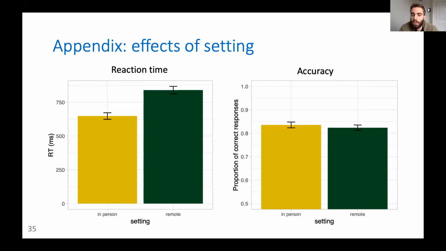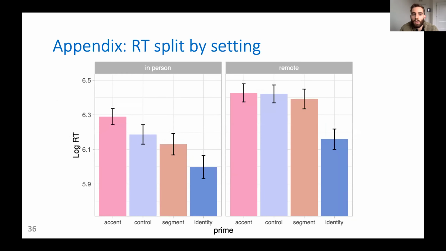And I don't know if another point of interest might be how participants responded to each prime type. I don't know if you want to show that here across the platforms. There's essentially the same pattern, but much more pronounced in person. So my takeaway with this is that remote data collection is noisy.